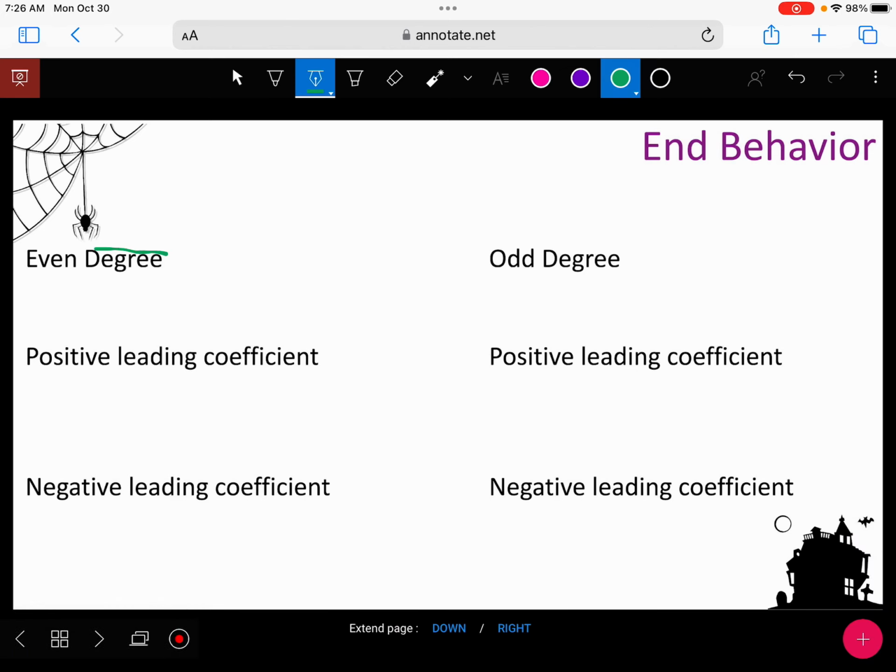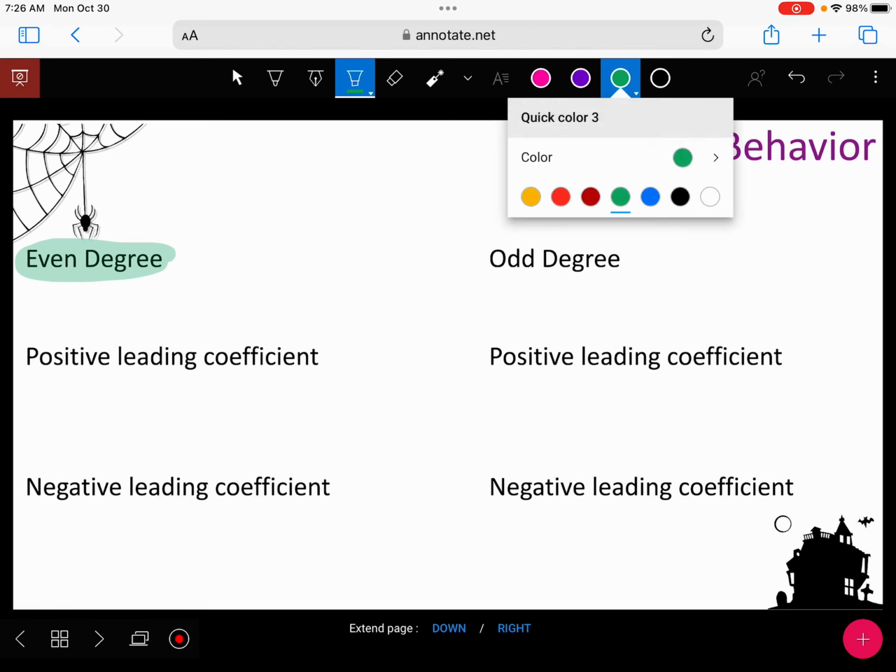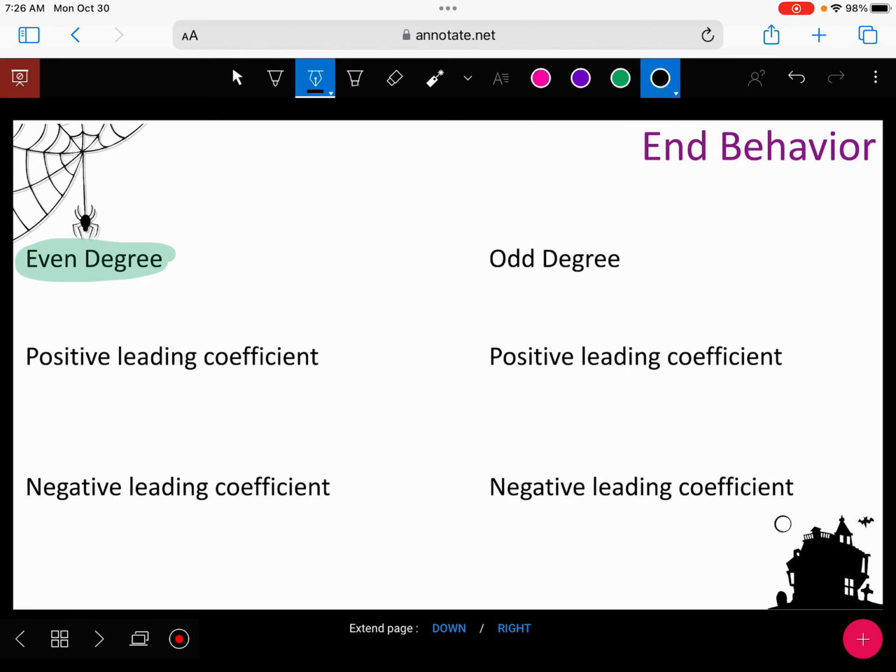If our degree is even, so looking at that exponent, I normally say it's ax to the n. So this is looking at our even exponents. So n is 2 or 4 or 6, continuing on. Even numbers, right?